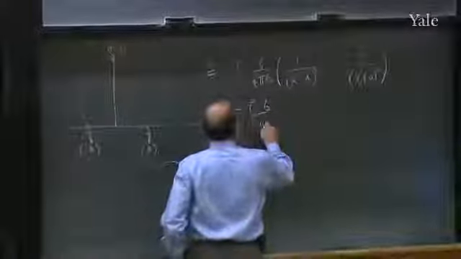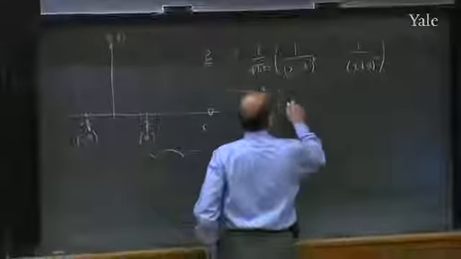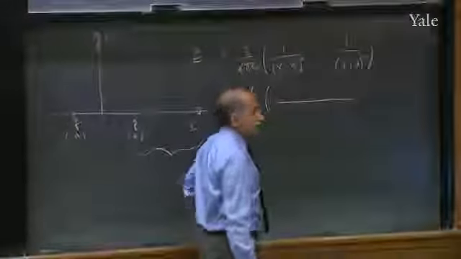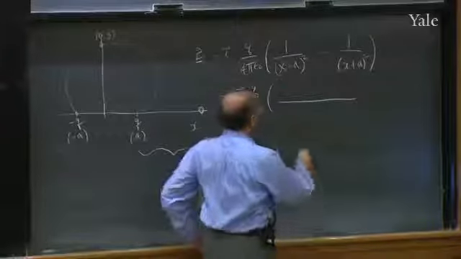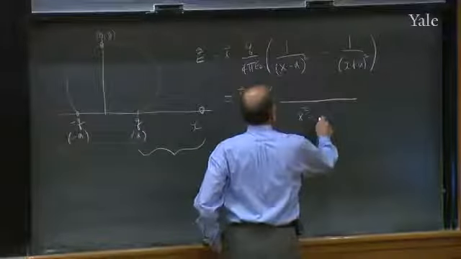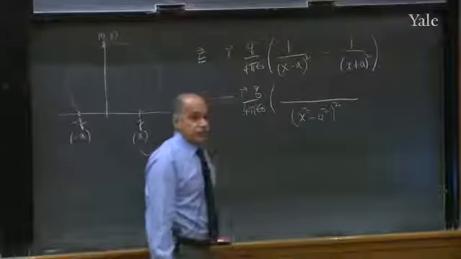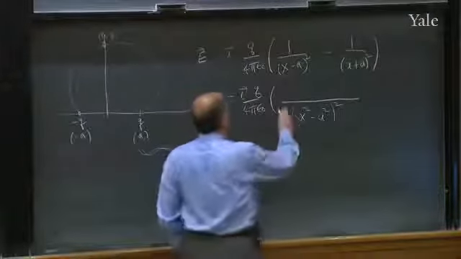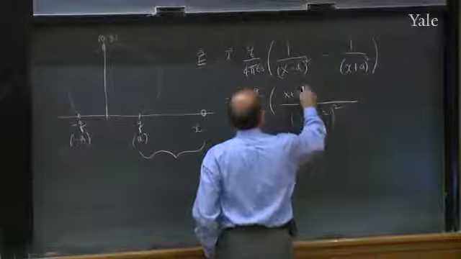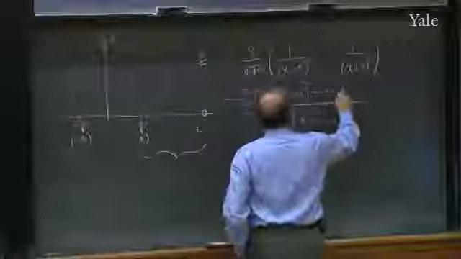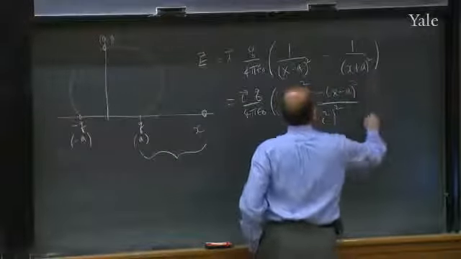q over 4 pi epsilon 0. Now you find common denominator. I remind you, x plus a times x minus a is x squared minus a squared, and everything is under squares. In the numerator, you got x plus a squared minus x minus a squared.